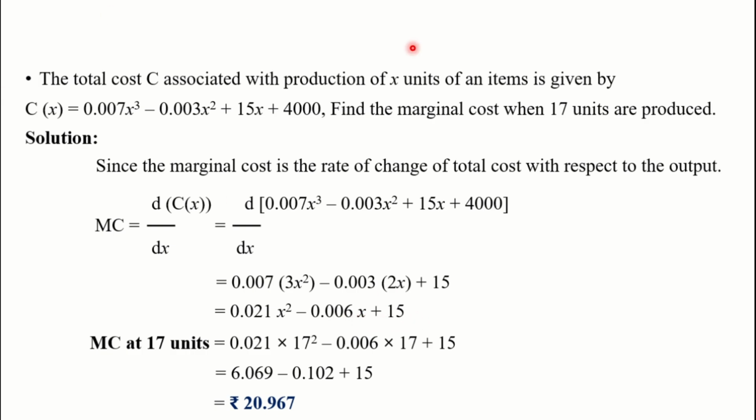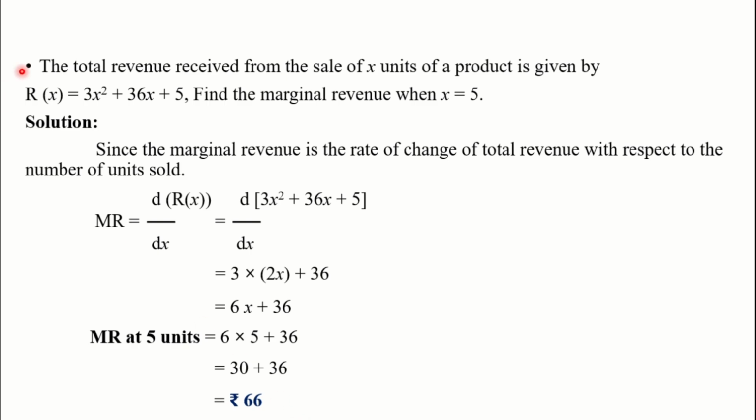Now we need to find the marginal cost when 17 units are produced. We simply put x is equal to 17 in the marginal cost function. We will get marginal cost at 17 units, that is rupees 20.967.